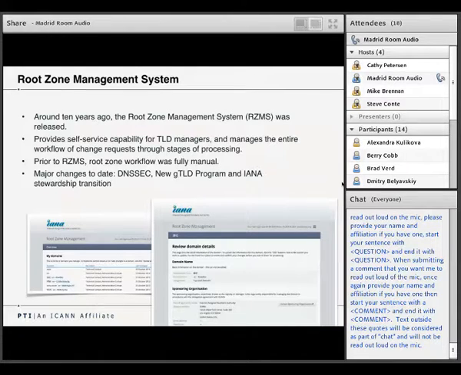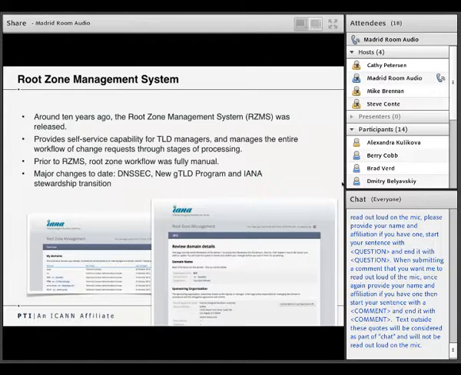The new gTLD program necessitated us scaling up to supporting over 1,000 new TLDs that we hadn't had in the past, and in particular, delegating new gTLDs was something we did maybe once a year on average, and that moved to being something we did once a day.